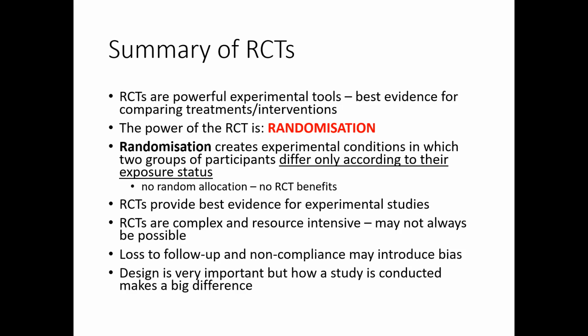Randomization is really the key to RCTs, because it to a large extent eliminates confounding, and blinding also helps eliminate bias, but they're still not completely free from bias because you can have loss to follow up. The design is important. Just saying I'm doing an RCT is not enough. You have to do a good RCT. And if it's not a good RCT, maybe you're better off doing another design better. You have to look at your budget and what you can afford.